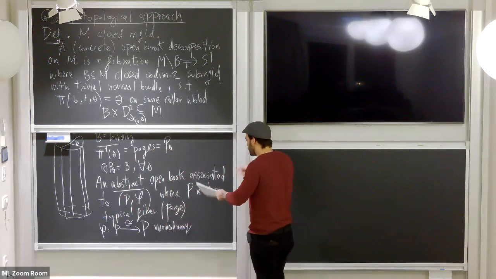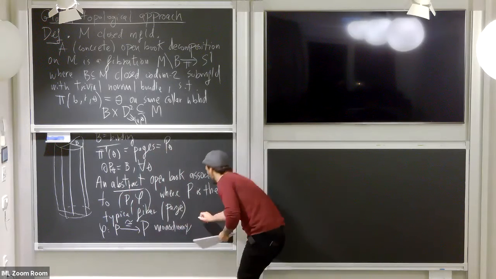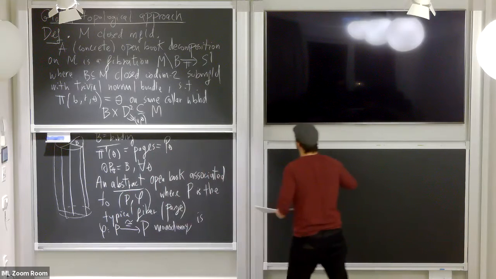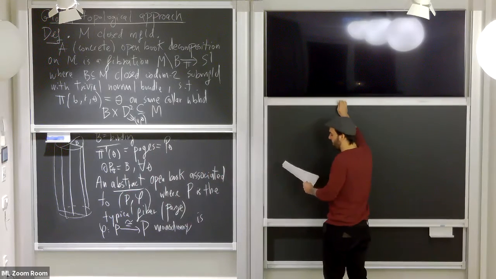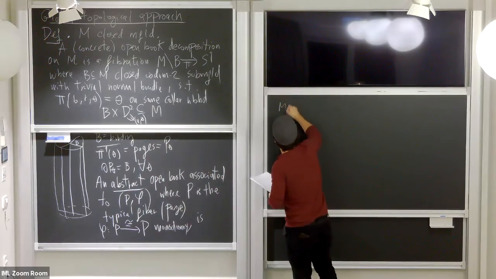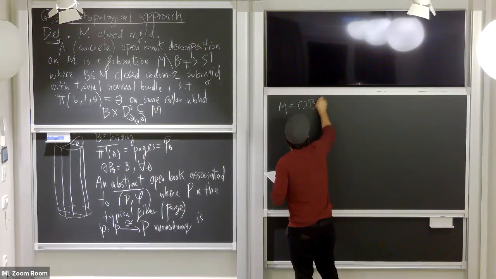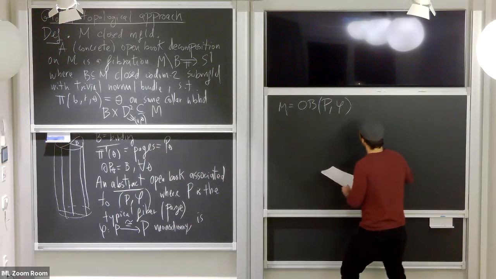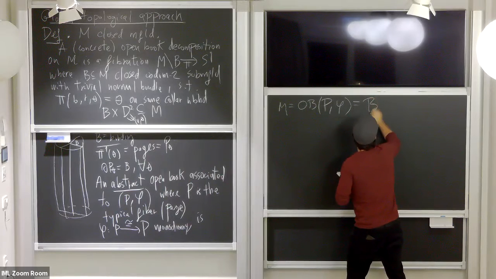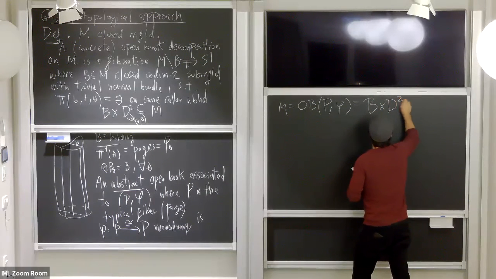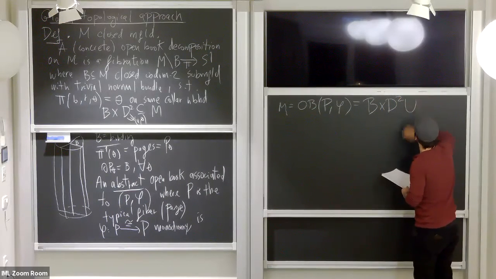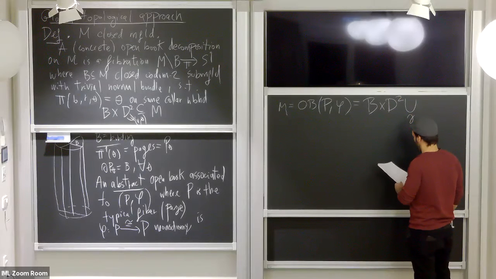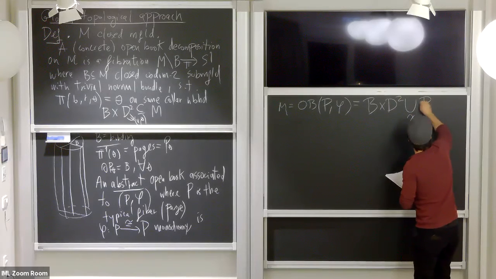So an abstract open book associated to P and phi is the following manifold. The abstractly defined manifold, denoted by M, the open book associated to page P and monodromy phi, is by definition: I take the collar neighborhood of B, and then I glue along its boundary a copy of the mapping torus associated to (P, phi).